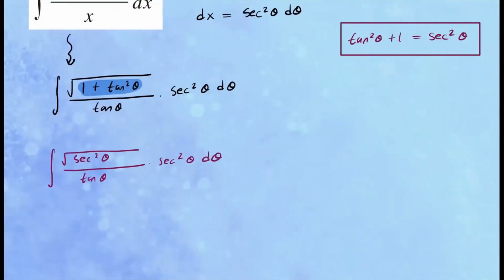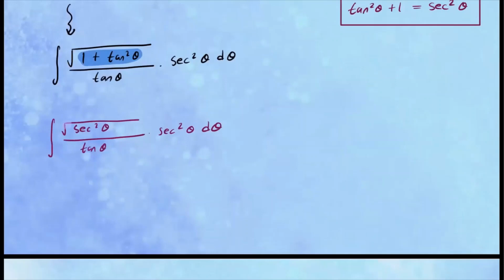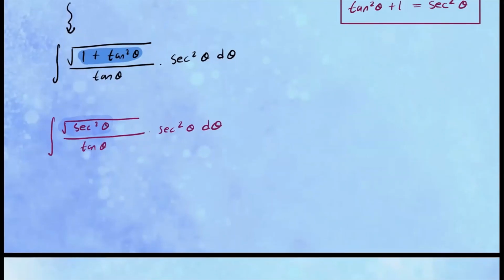Now here you can simplify these two pieces a little bit more. The square root of secant squared theta, assuming it's in the restricted domain, will simply be secant theta. So once you simplify it, you have secant theta, and we have secant squared theta from before, divided by tangent theta d theta.